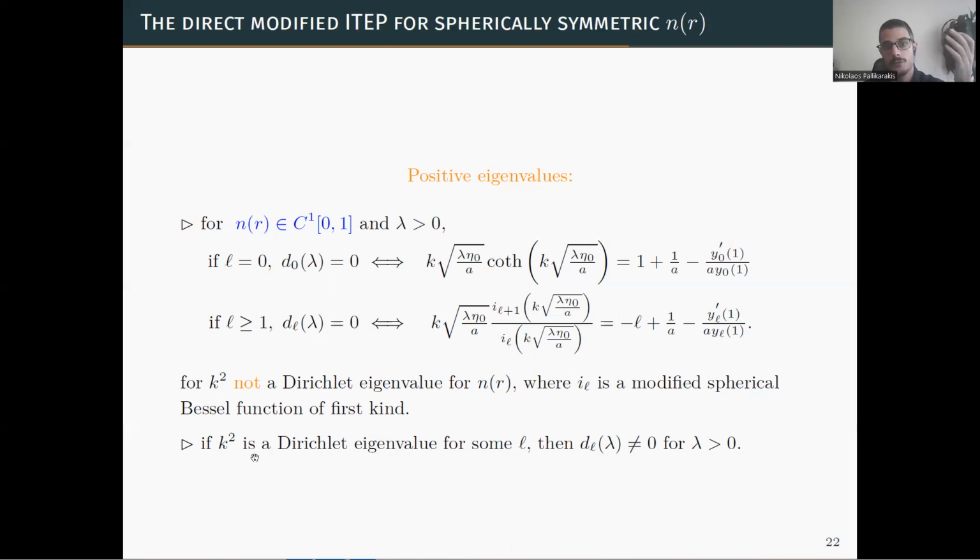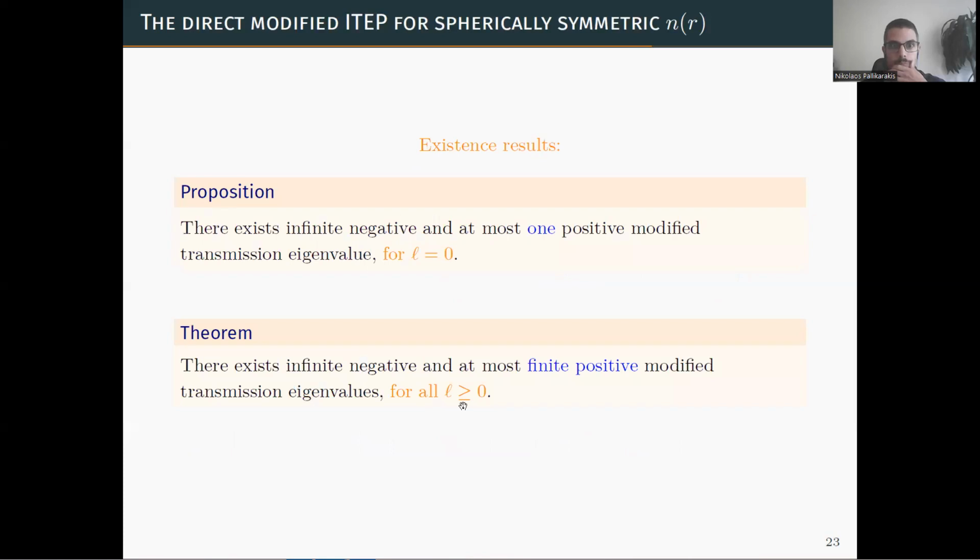And I said if k square happens to be a Dirichlet eigenvalue, because since we are studying inverse problems, we don't a priori know the refractive index, and so we cannot know if a value is a Dirichlet eigenvalue or not of the specific index. But as far as studying existence, this wasn't a problem.